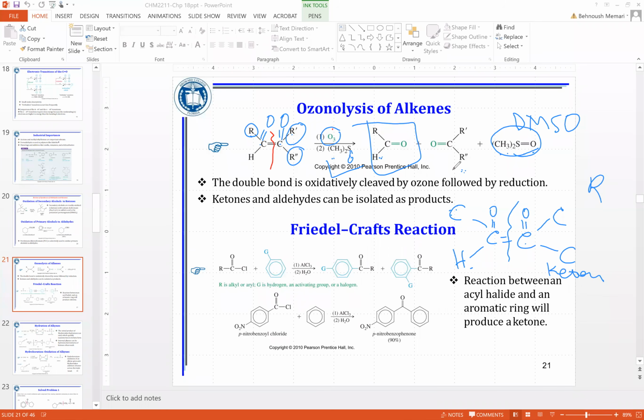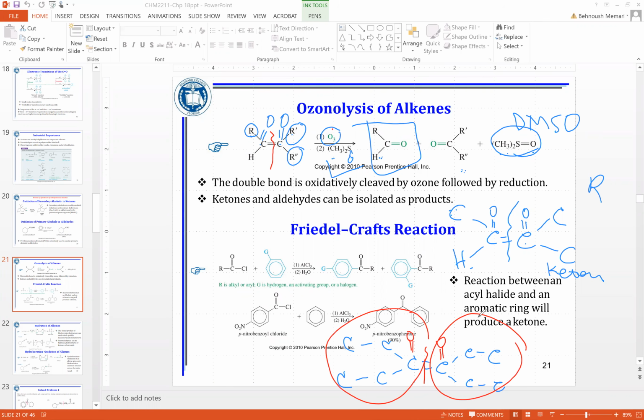But if you have one hydrogen, one carbon, you would get an aldehyde on one side and ketone on the other side. If the alkene that you are using is a symmetrical alkene, let's say you have an ethyl group here, and then an ethyl group on the other side, when cleavage takes place as a result of ozonolysis, that means you are doing oxidative cleavage, the two products that are formed here are identical.